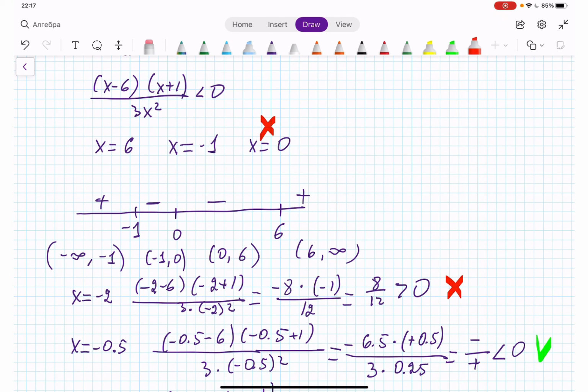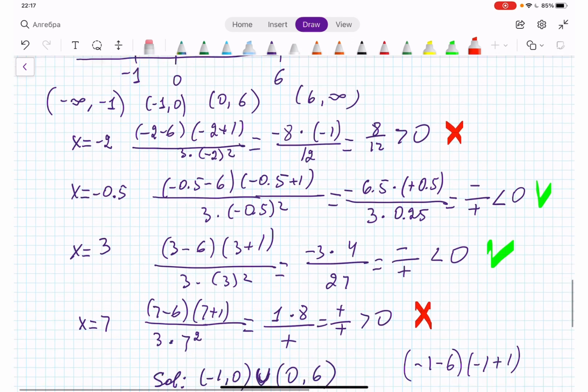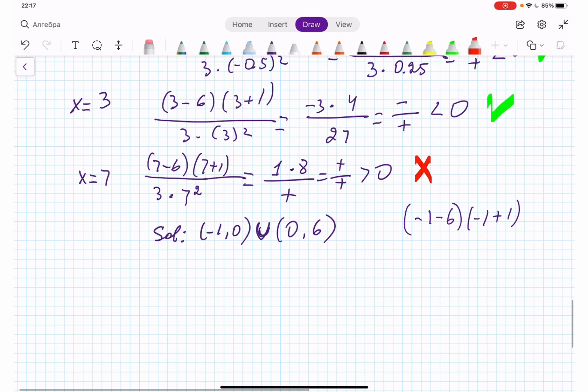It has to be less than 0. But with negative 1, we are getting equals 0. So it doesn't satisfy. The same way is with 6. It's becoming equal 0. So these critical points do not satisfy, and it's going to be between critical points, excluding critical points.